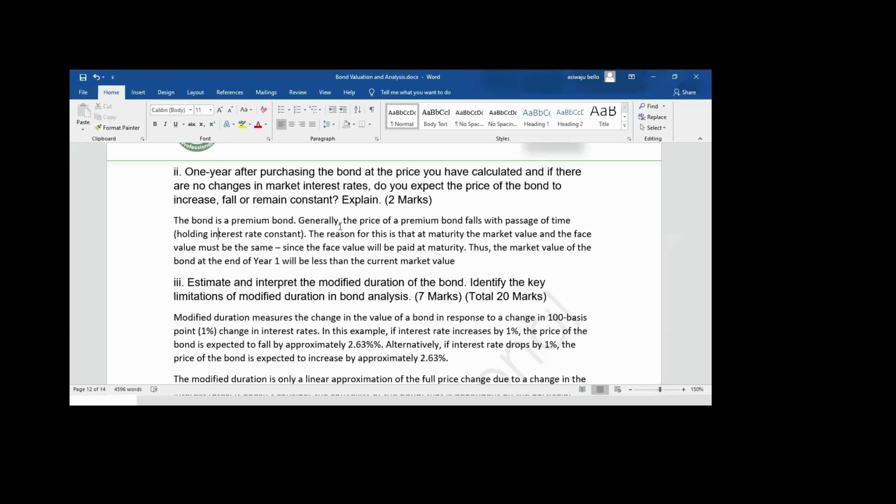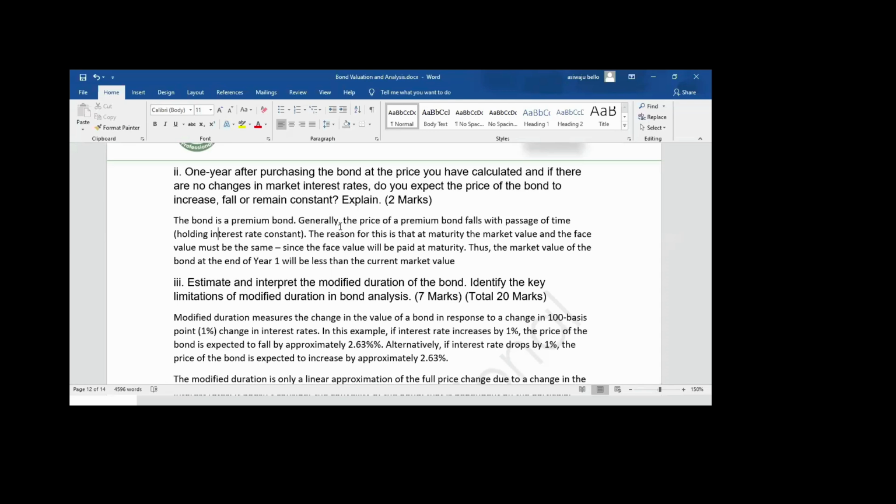The last aspect of the question for 7 marks. Examiner says estimate and interpret the modified duration of the bond. Identify the key limitations of modified duration in bond analysis.